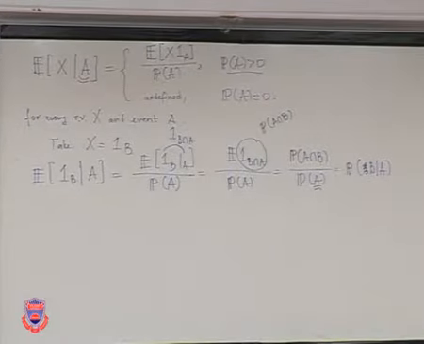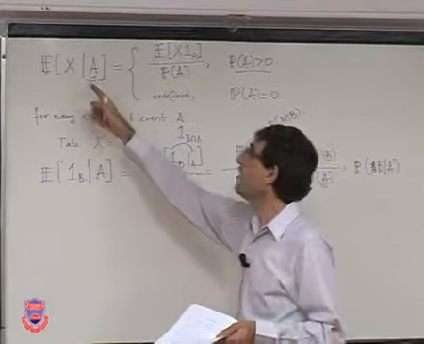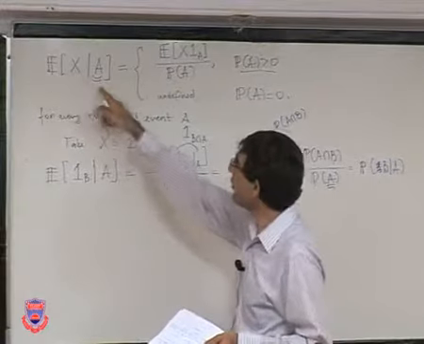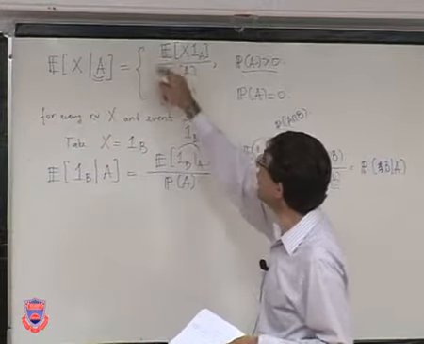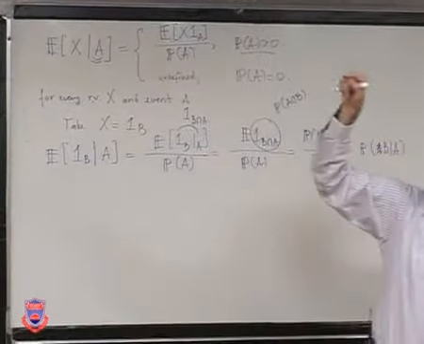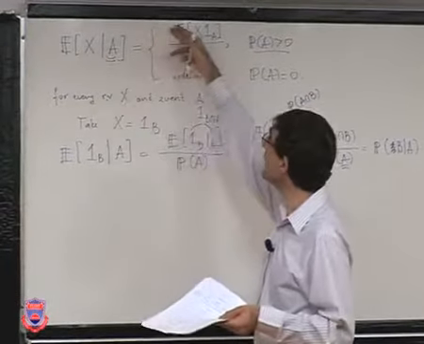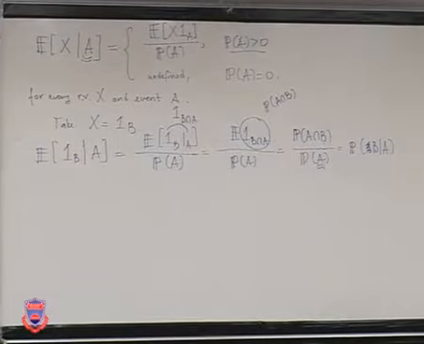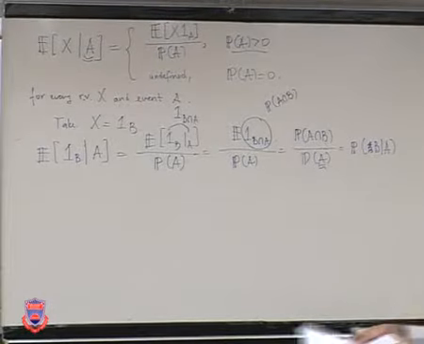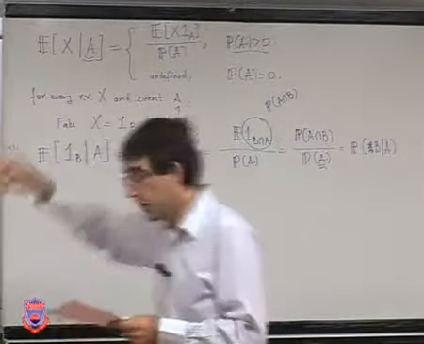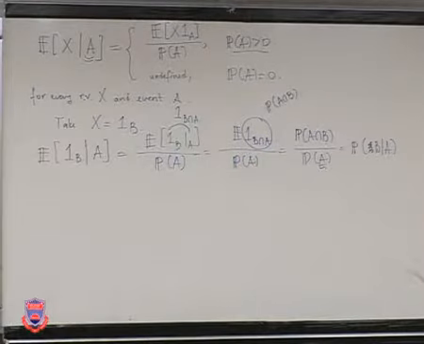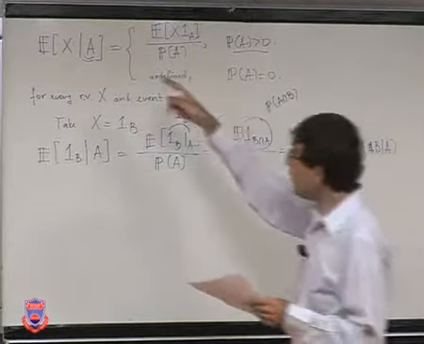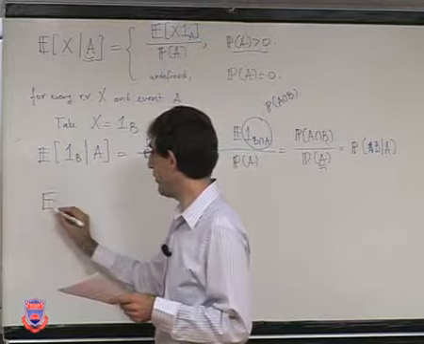And as I said, we like this formula very much because conditional probability is written in terms of an unconditional expectation. Well, conditional expectation is written in terms of an unconditional expectation, and it goes back and forth, of course, depending on which part of this equation is given to you. Now we can use this one to look at this formula.